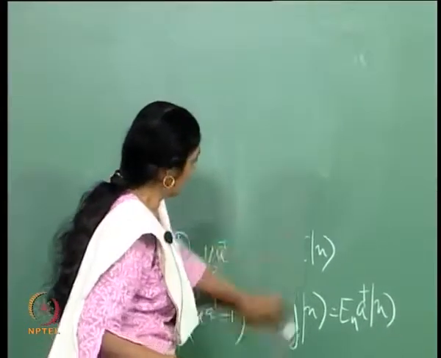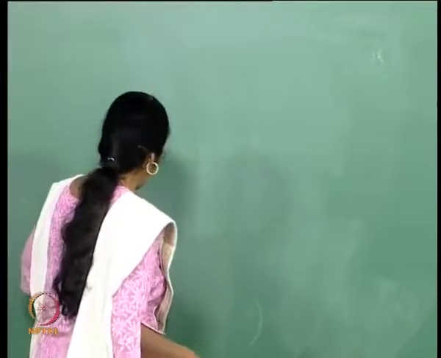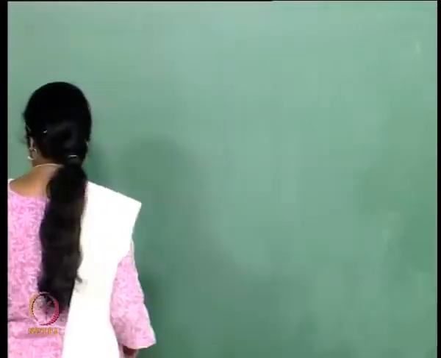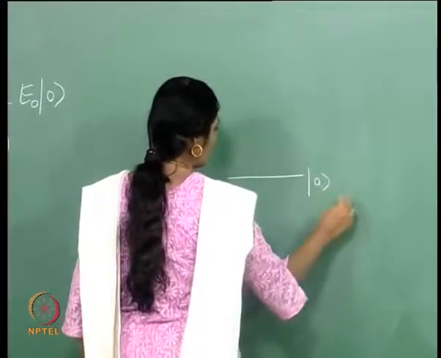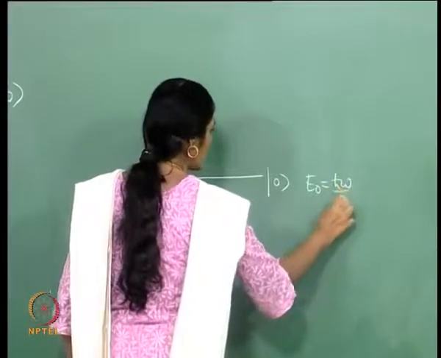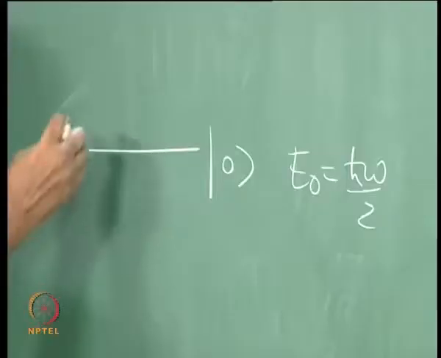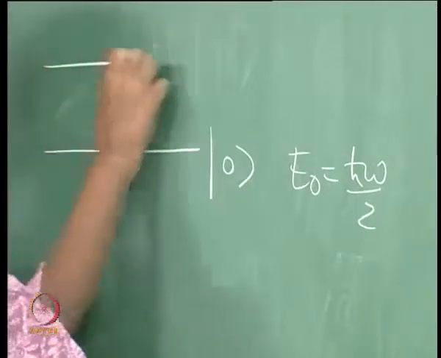It is clear that ket 0 has energy ħω by 2, which I will call the zero point energy, because the lowest energy is a non-zero positive value ħω by 2.